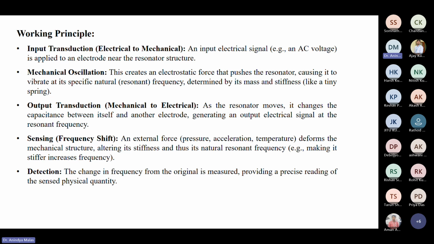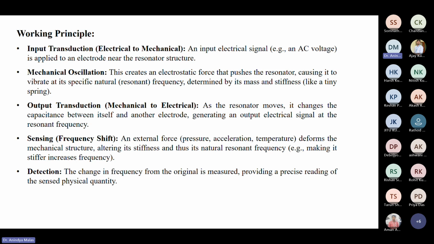Now, how will it work? Suppose the resonator is on and it is oscillating at its own natural frequency. Now, for example, some pressure is applied on the mechanical system. Suppose it is a mass spring damper system, or it is a cantilever beam. So the cantilever beam is oscillating at its own natural frequency, and now you are applying some pressure on that cantilever beam.